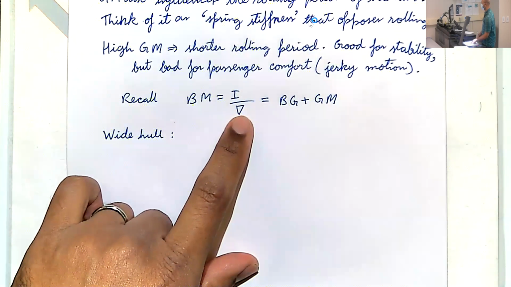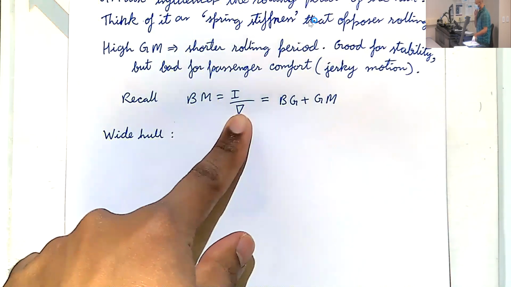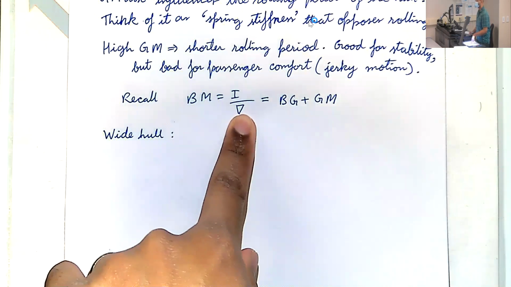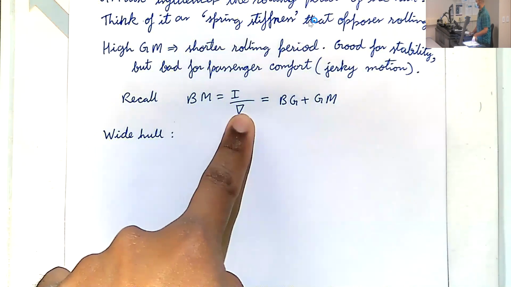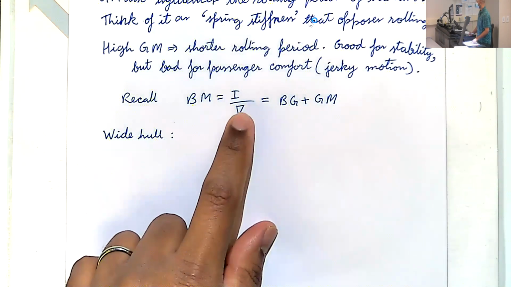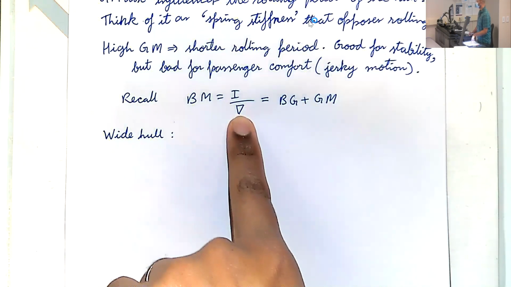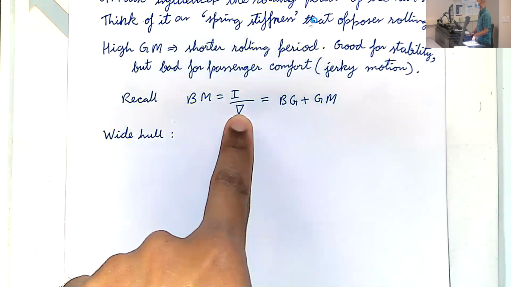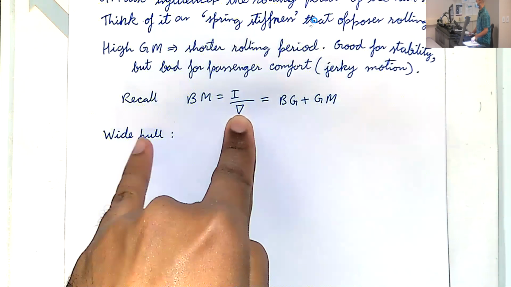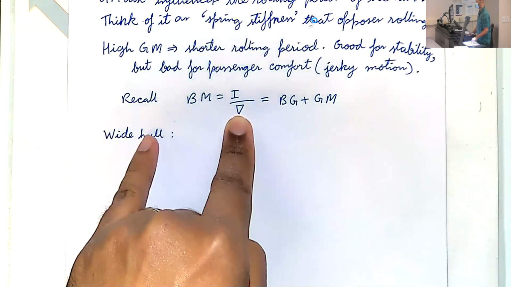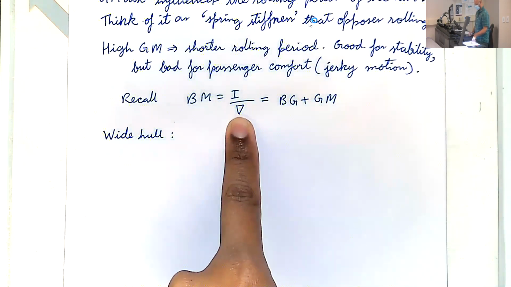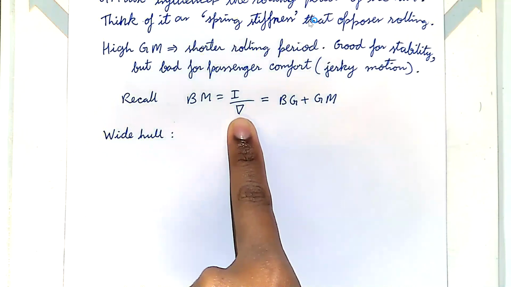What influence does it have on nabla? You say nabla will increase? Okay, any other? Will nabla increase or not when I just change the hull to be wider? Will increase. You also say increase?